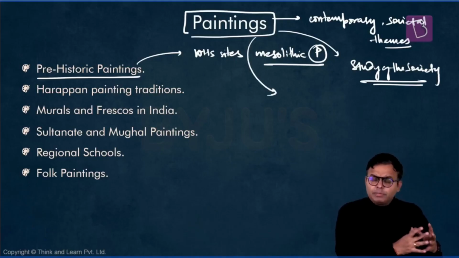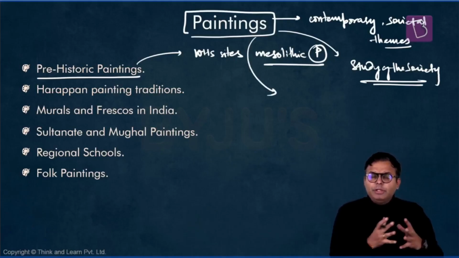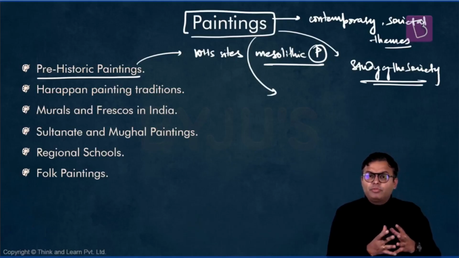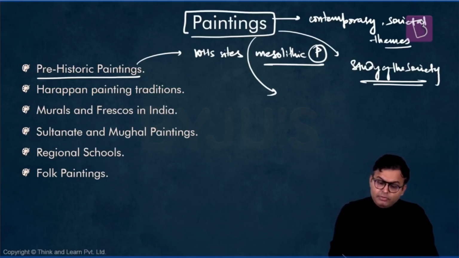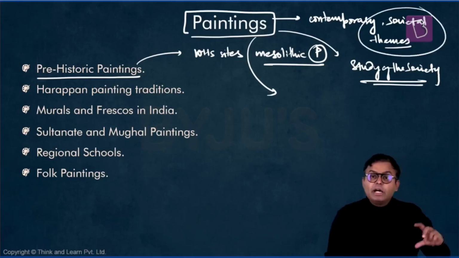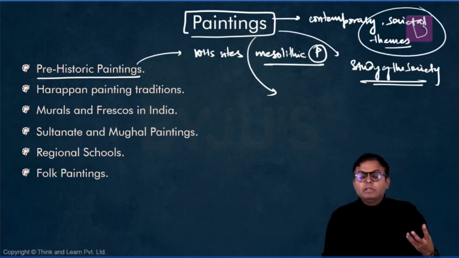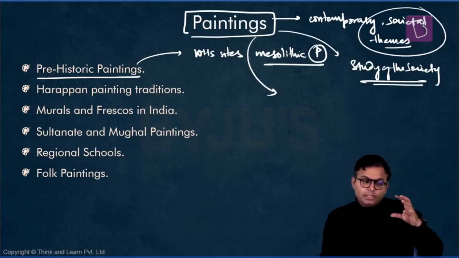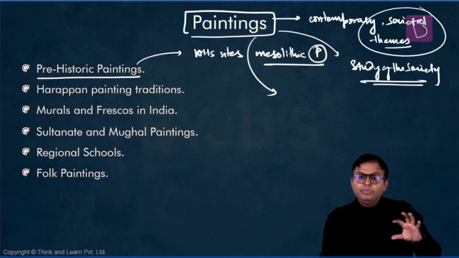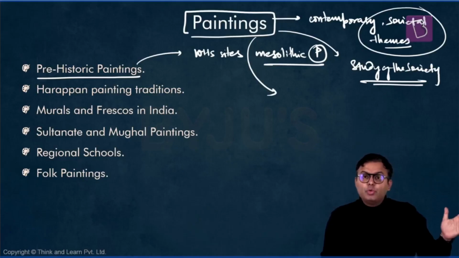When we talk about Kalighat paintings, when we talk about Madhubani art, the themes are from epics. But when I talk about the bazaar style of painting, when I discuss the Mughal paintings, we find that besides the element of creativity, they have also emphasized various contemporary themes such as court scenes and the postures of the rulers on various occasions.